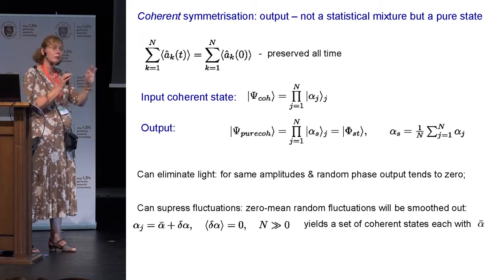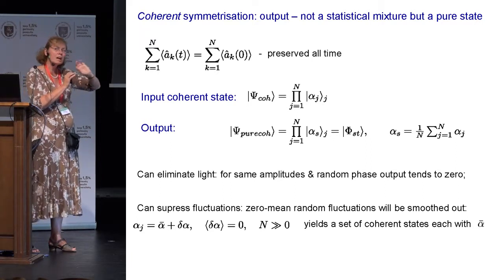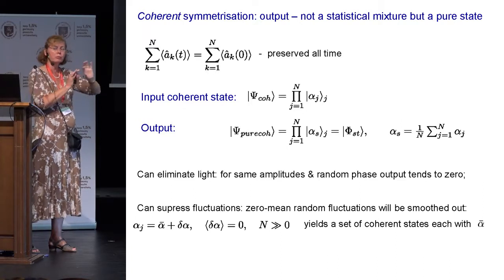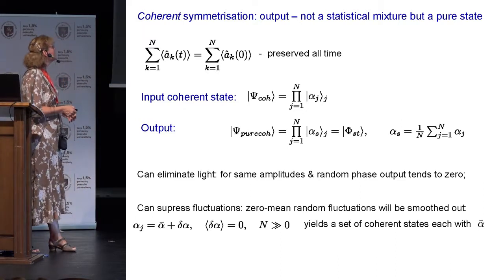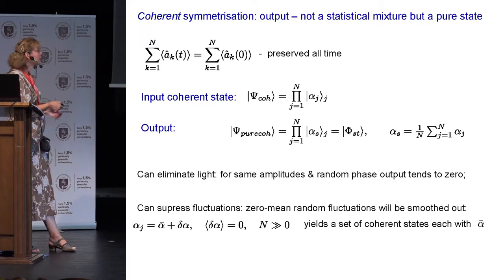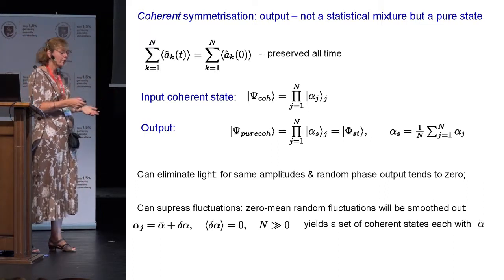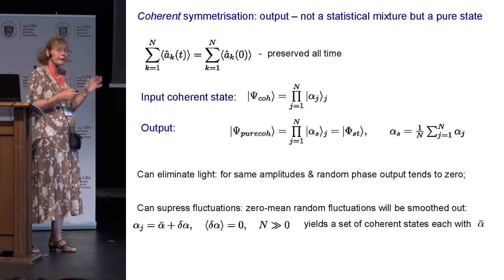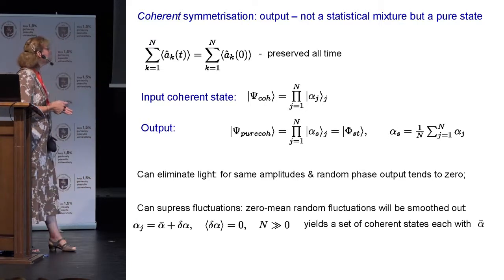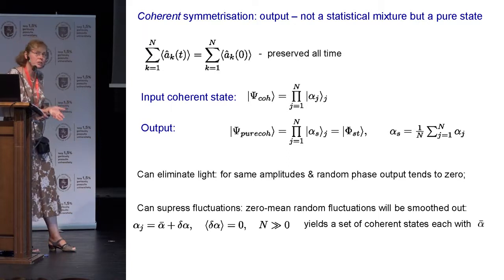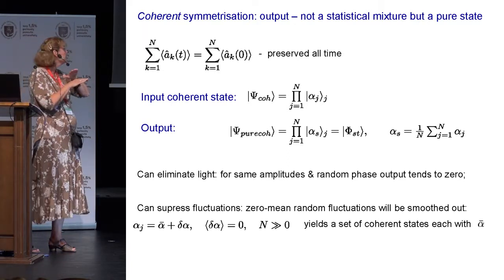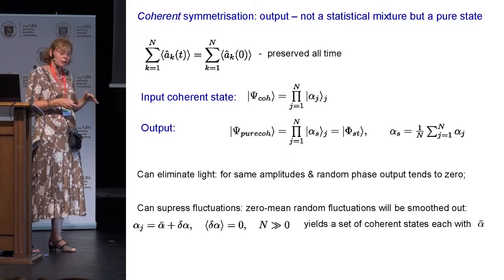So I symmetrize my input coherent state over all of the waveguides. For example, if I couple light into each waveguide with random phase and amplitude, at the output the light will be completely eliminated. If I have zero-mean random fluctuations, they will be smoothed out and I will get a stable output.